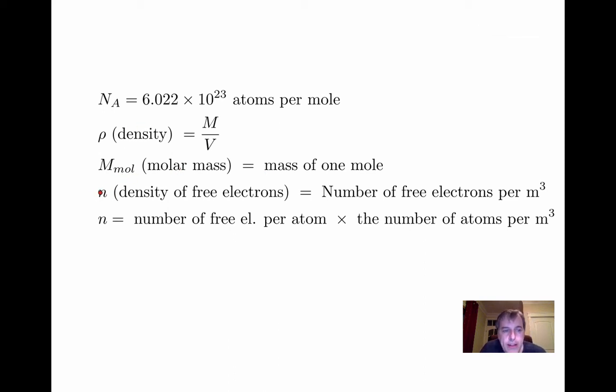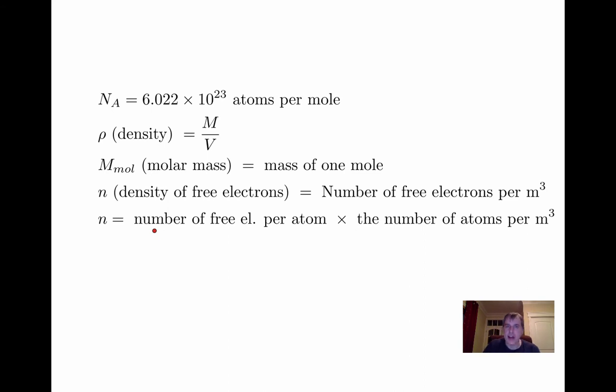Now I introduce a new thing: the lowercase n is the density of free electrons. So that's the number of free electrons per meter cube that a certain material has. Okay, so how many free electrons in each meter cube of material you have. This number can be calculated in the following way. For a given material, let's say copper, it turns out that if you take an atom of copper, each atom contributes 1 free electron.